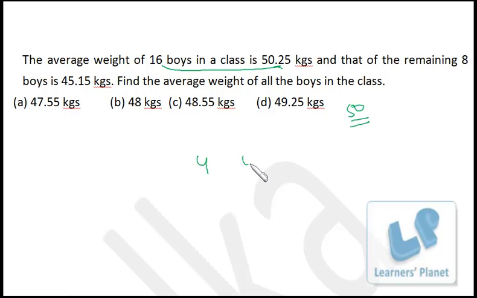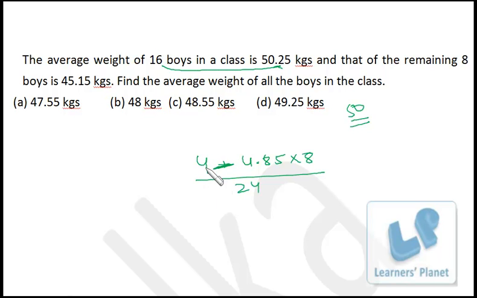So deviation of this is 4.85 into 8. This is the total deviation divided by total number of boys, that is 16 plus 8, 24. I'm sorry, this is actually negative, because 45.15 is less than 50, so that is a negative deviation. Now to make this calculation even simpler, we can divide the individual data.